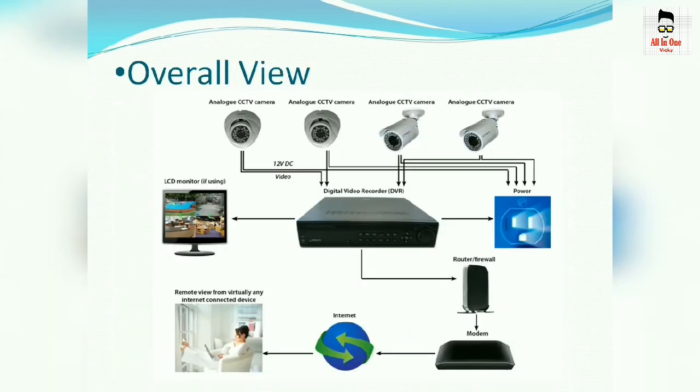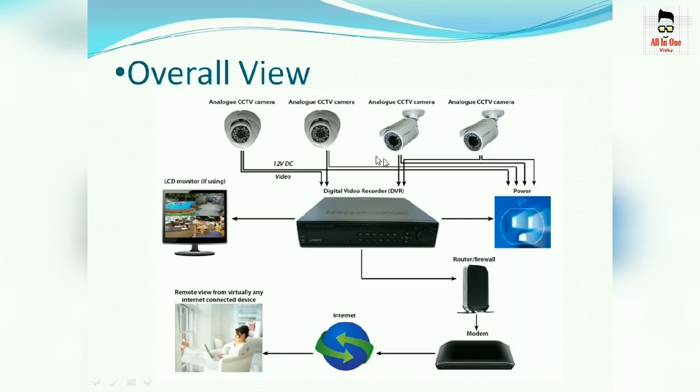And the overall view I'm going to explain to you. You can see here your analog CCTV cameras, and 12 volt DC power supply is given. 12 volt DC power supply is given to the DVR. As you can see here, one end from the camera is coming to the DVR and the other end is going to the power supply.